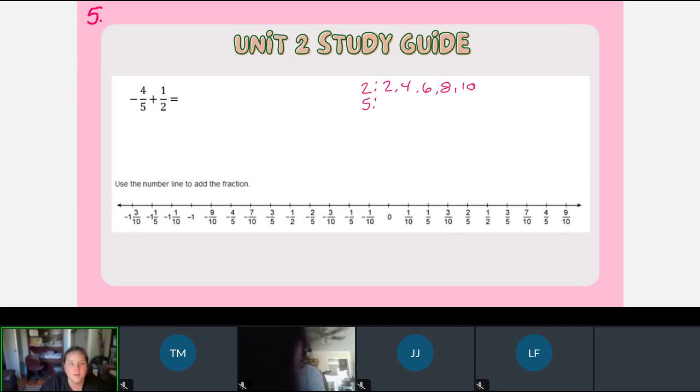The multiples of 5 are 5, 10, and I can stop there because I see already that I have a common multiple here of 10. So if you're writing on your own paper, just write LCM equals 10.